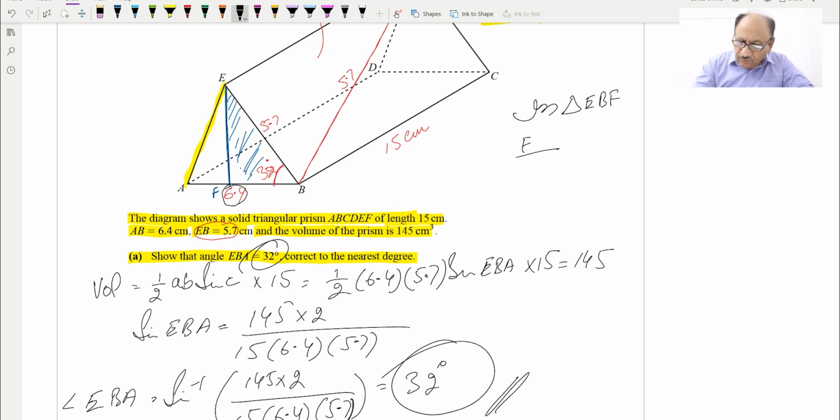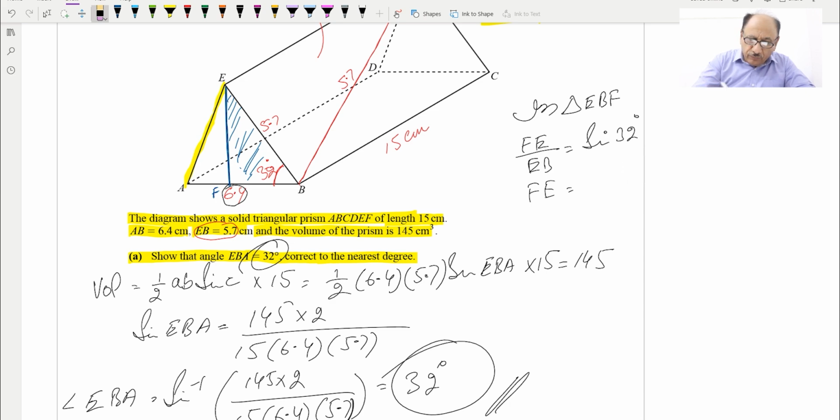We'll write FE over EB is equal to sine of 32 degrees. FB will be half of 6.4, which is 3.2. No, FE over EB. EB is 5.7.